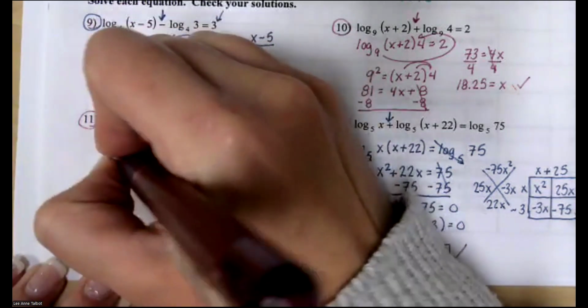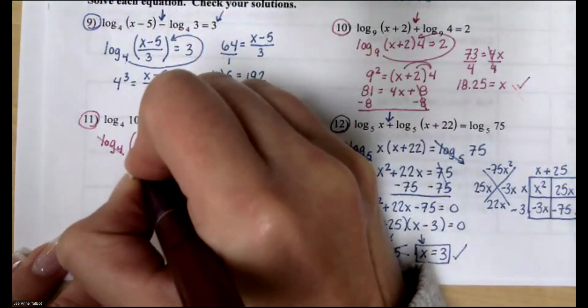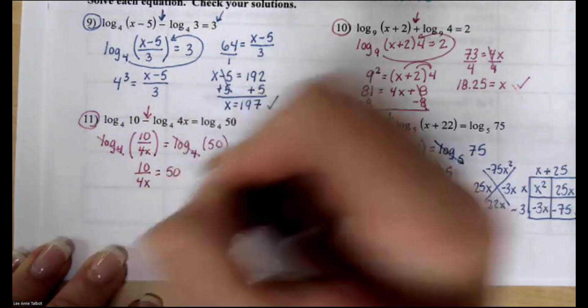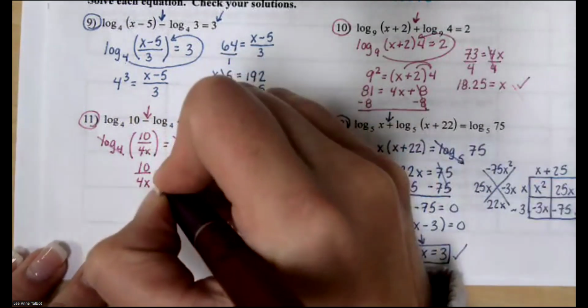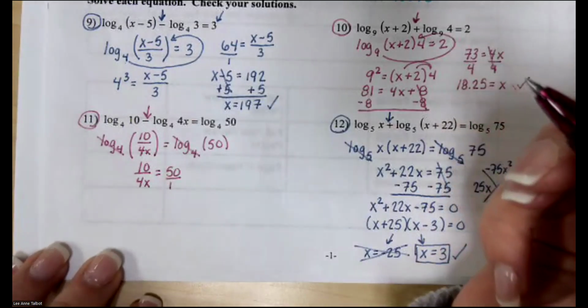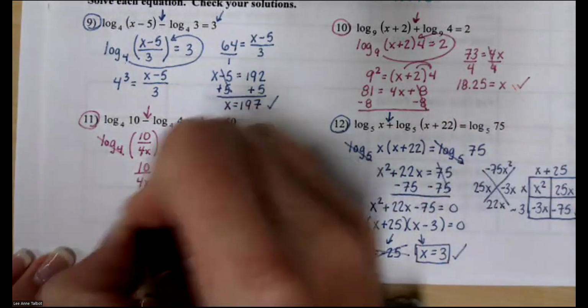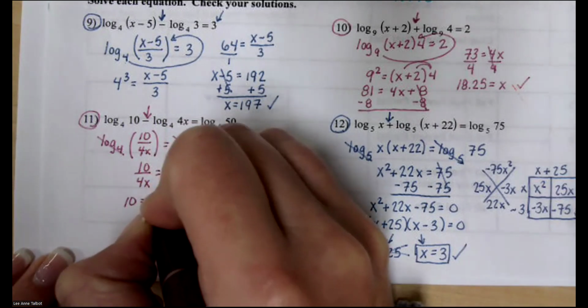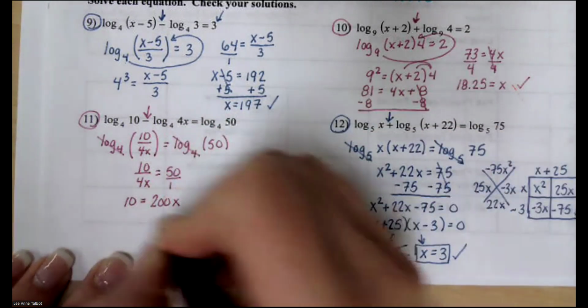Cross out, excellent. Okay, and then for me, I will put the 50 over 1 and cross multiply. 10 times 1 is 10. 50 times 4x is 200x.